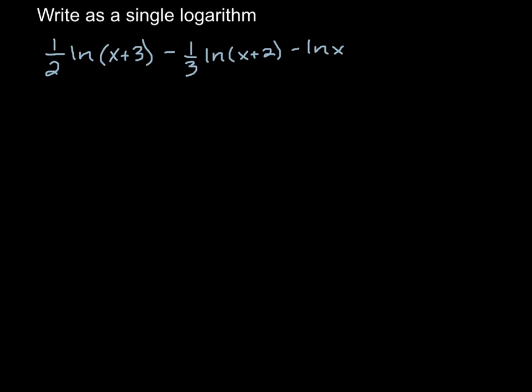So I'm going to rewrite that using that property. So natural log of x plus 3 raised to the 1/2. Same thing goes for the 1/3 times the natural log of x plus 2: natural log of x plus 2 raised to the 1/3, and minus natural log of x.